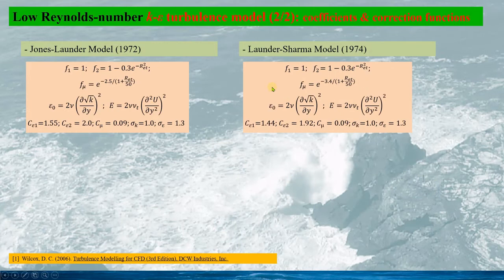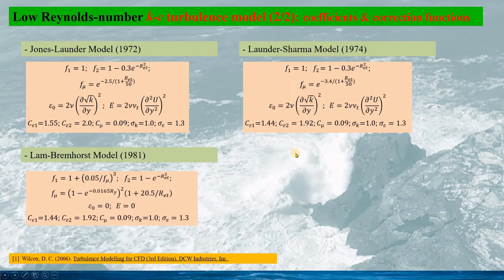In 1974, Launder and Sharma modified the turbulence model given by Jones and Launder. So the basic form is the same. Small adjustment happened for the function F mu here, and the coefficients C epsilon 1 and C epsilon 2. Otherwise, they are all the same.